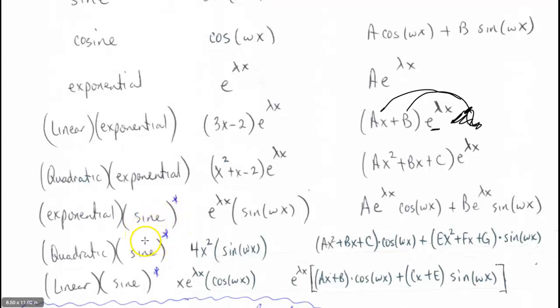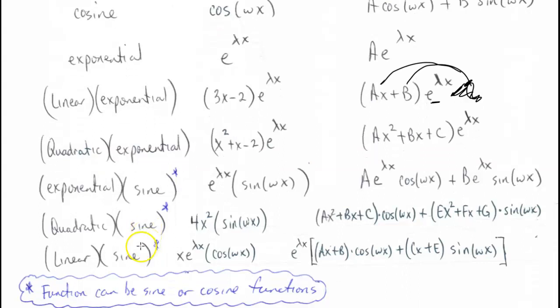And for this very last one, even though I don't have it written in, I'm going to write it in here. You see that we have this x times this exponential times this trig function. So really, this is an exponential times a linear times a sine, and we have all that in it.